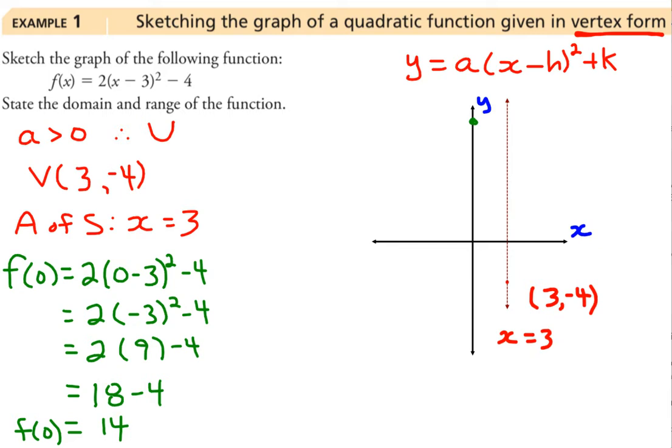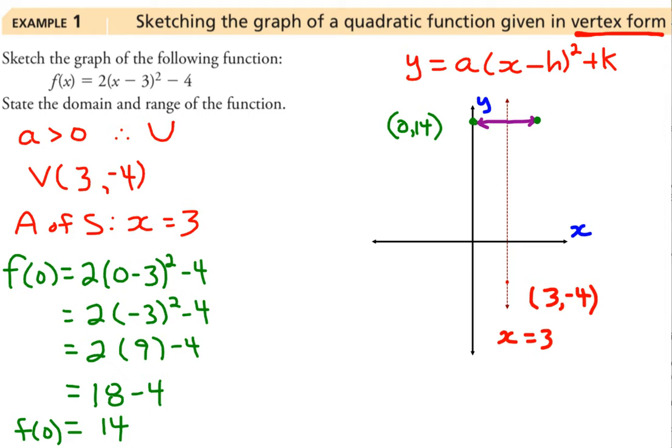Now that we know that point is the point (0, 14), it's easy to find another point because of symmetry. We'd have to have another point at the same spot over here. And that's easy to find because we're 3 steps away from the axis of symmetry. So if we go 3 steps the other way, then we can put down another point.